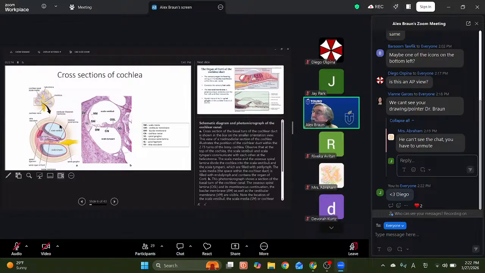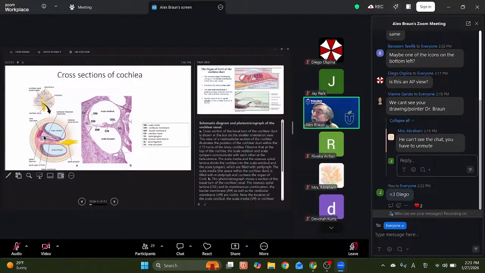So there are 3 linear channels within the bony cochlea: the scala vestibuli and scala tympani, which contain perilymph, and the scala media, also known as the cochlear duct, which contains endolymph.